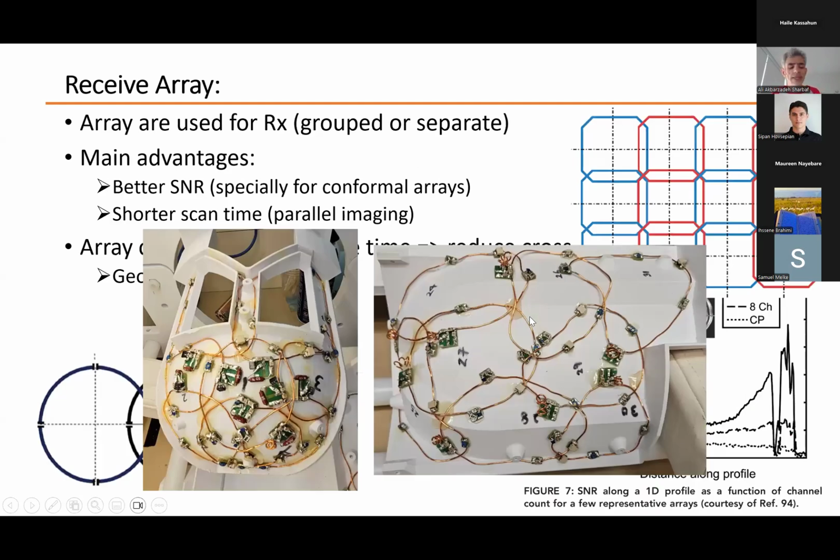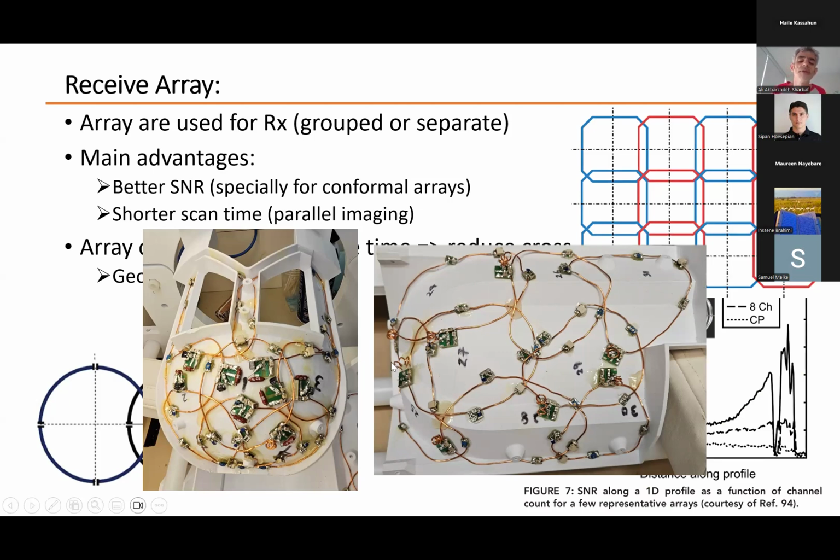But the problem is that when you have many loops inside the helmet, in the beginning it's easy, but after installing a certain amount of the loops, it gets more and more difficult to do the geometric decoupling because you no longer have flexibility. All of the coils are already installed. So we have to have some other decoupling strategies.